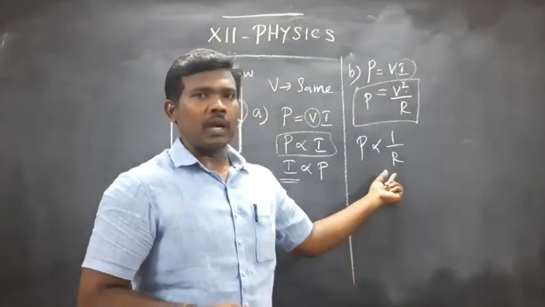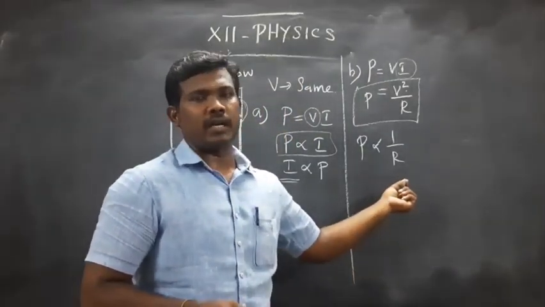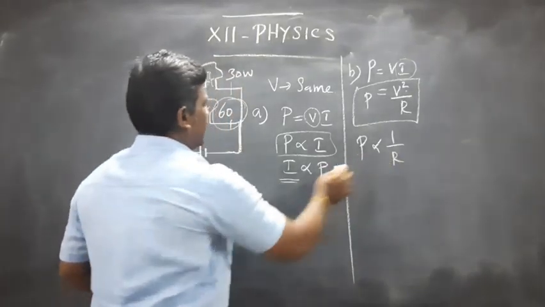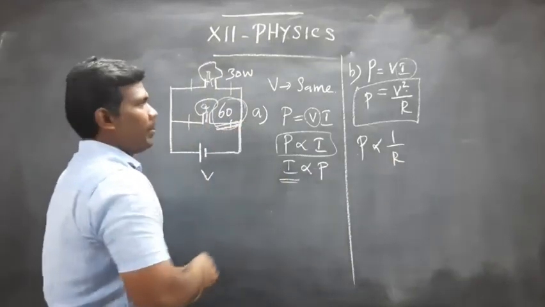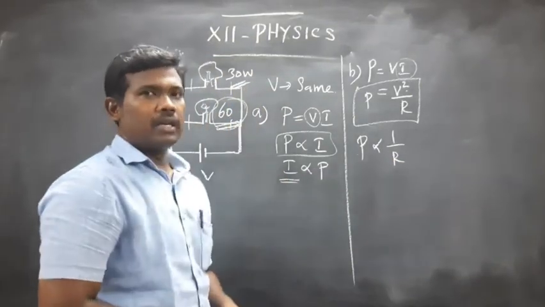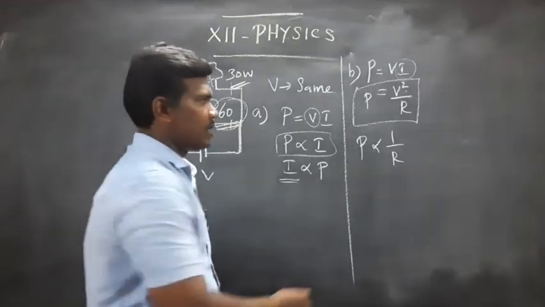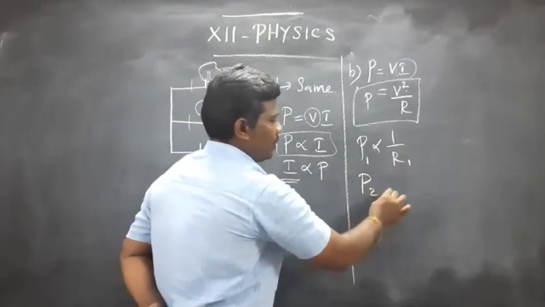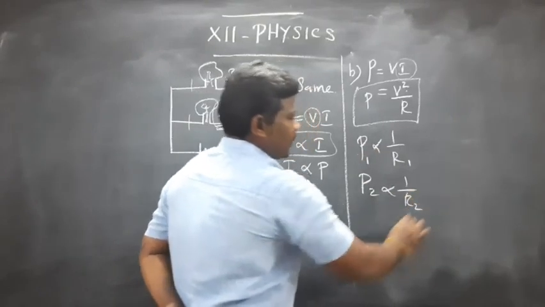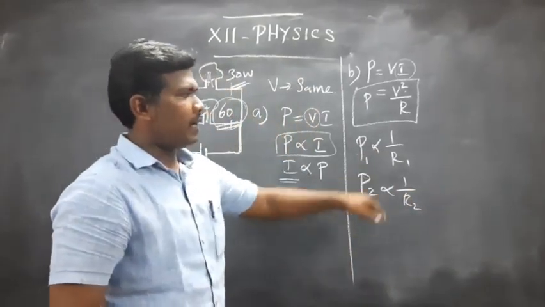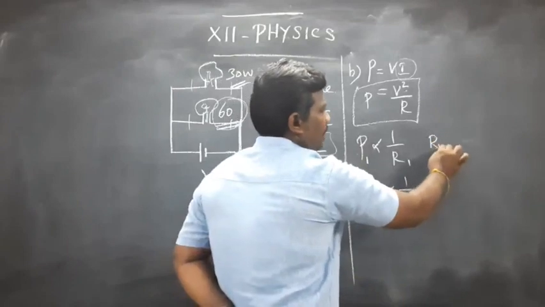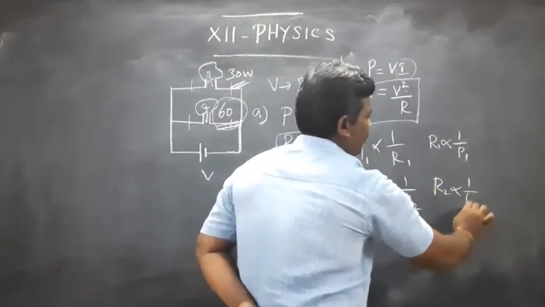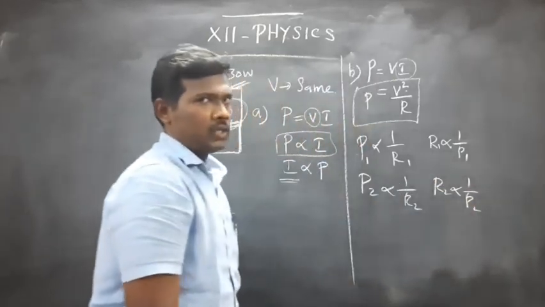Now you are going to calculate which resistance is greater. Since they are inversely proportional, if the power is greater then the resistance is lesser. For bulb 1 we consider like this, and for bulb 2 like this. We can write in reverse order: R1 is directly proportional to 1 by P1, and R2 is directly proportional to 1 by P2.